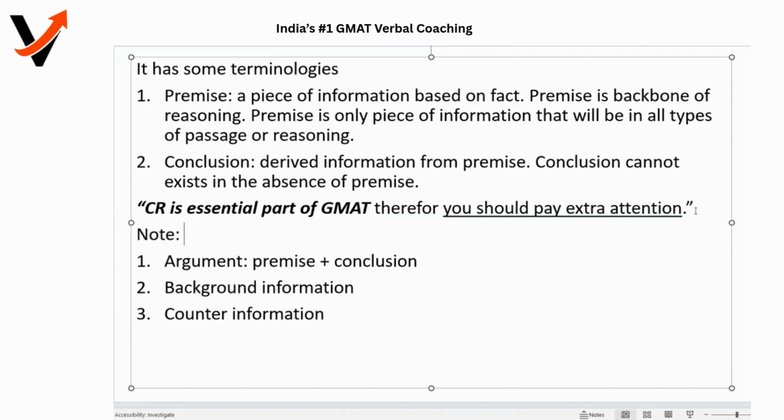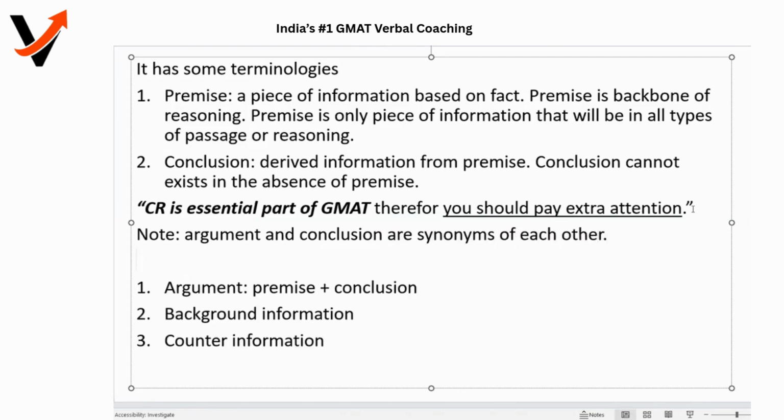Note, argument and conclusion are synonyms of each other. Now, moving to the next point.